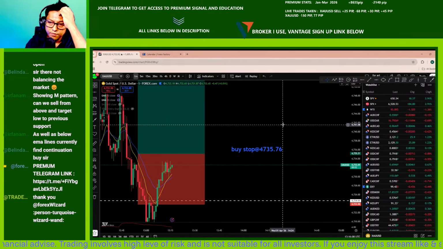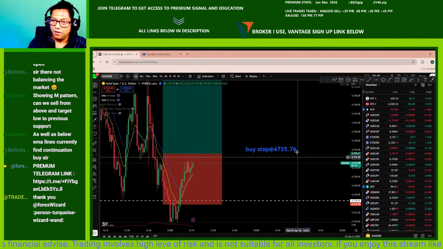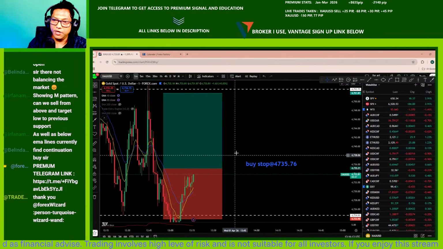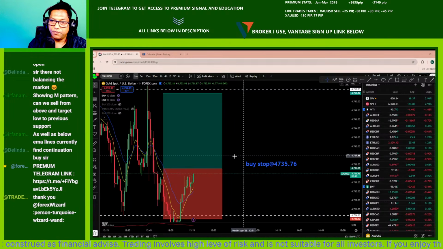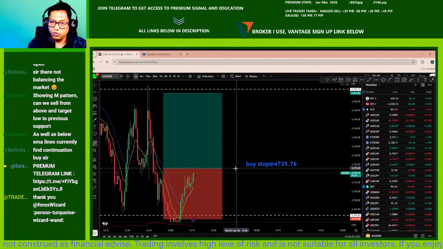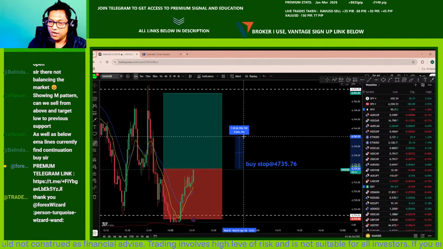Okay, if it is breaking out, we will be on the trade. It might get active, still not active. But if it goes up, we will be waiting to get to that level around.